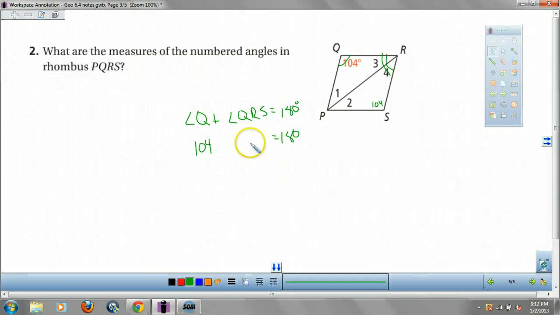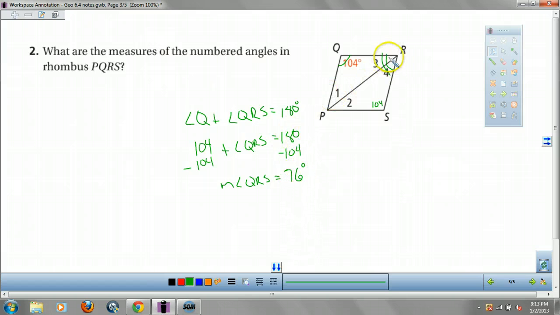Right? So that means we subtract 104 from each side. And we get angle QRS. The measure of it is going to be equal to 76 degrees. Now are we done?